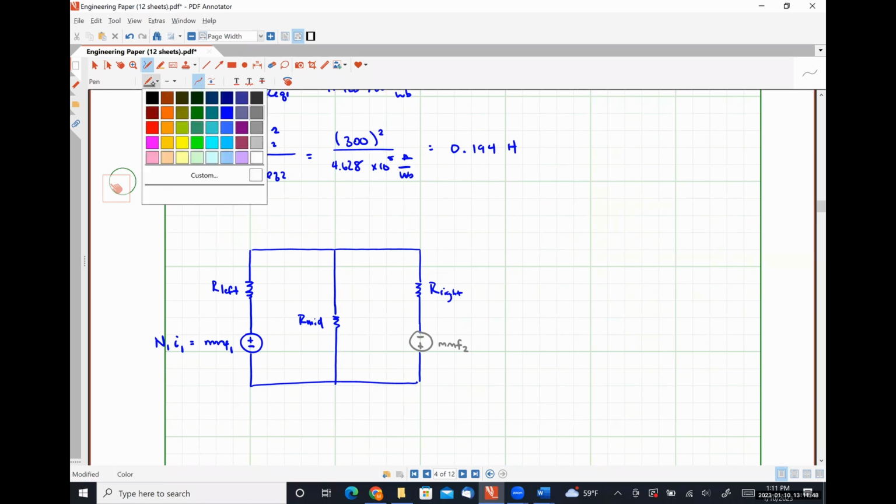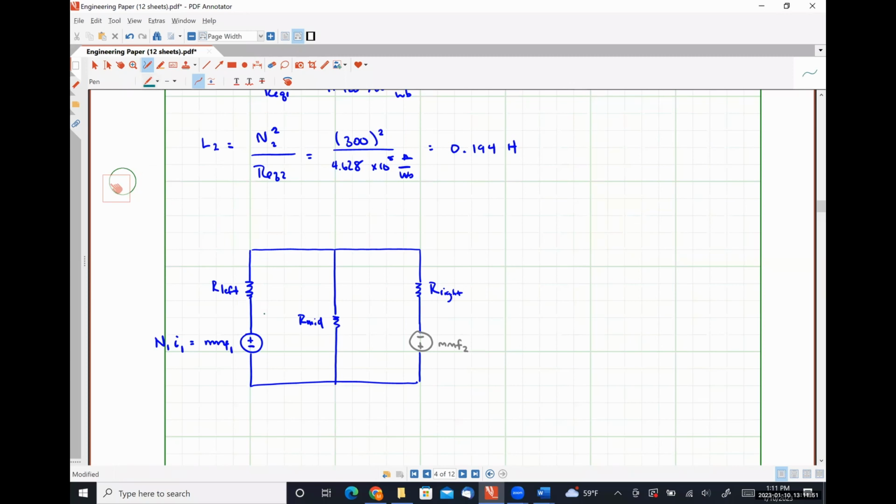This line that I'm drawing here is the flux that's produced by our first coil, and this line right here is the flux passing through our second coil due to coil 1. So I'm calling that flux 1, 2.